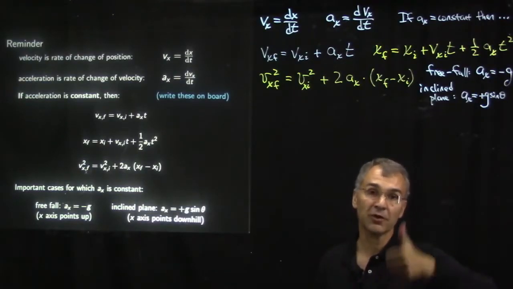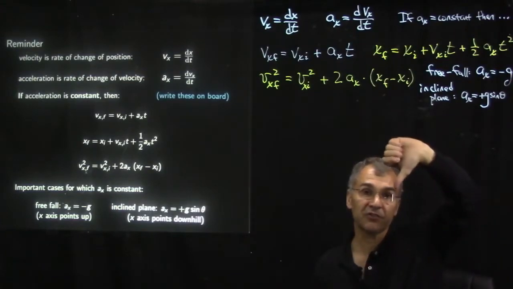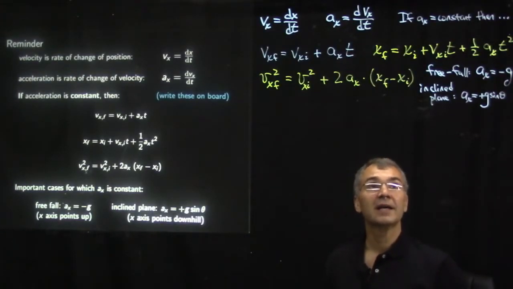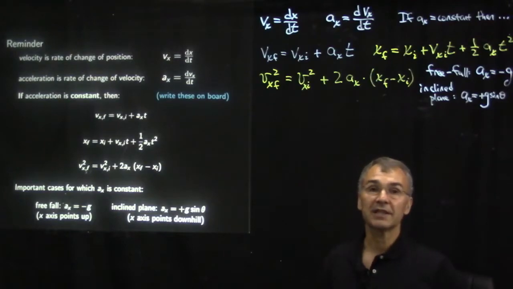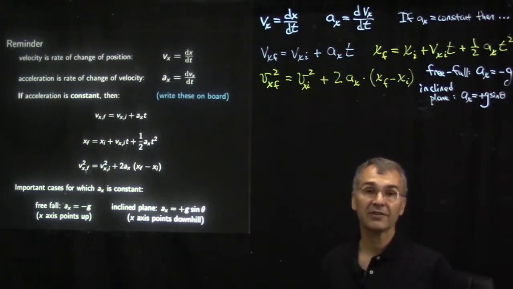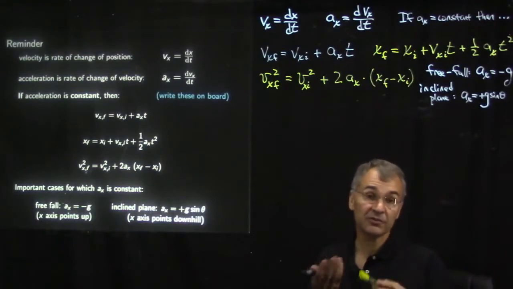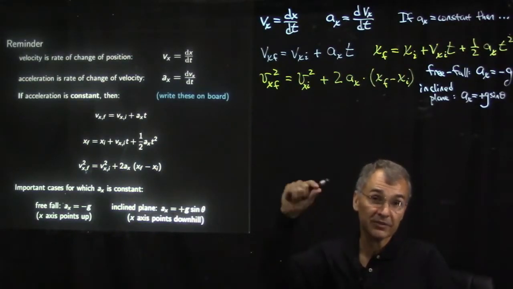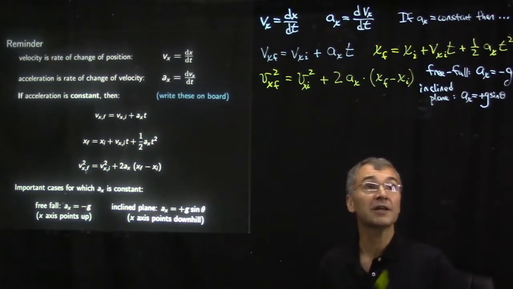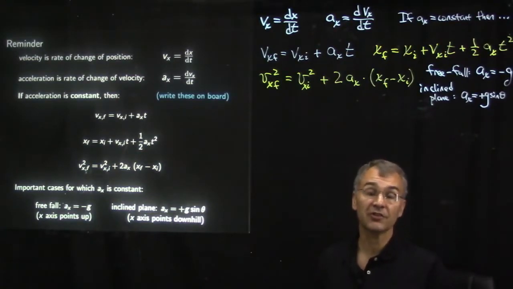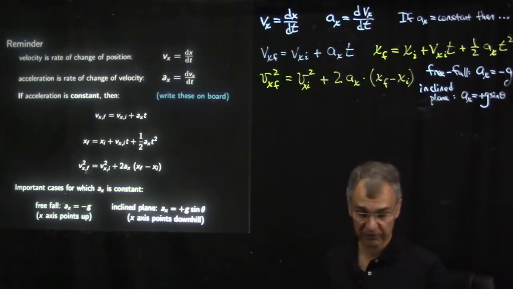So the x-axis points upward and the acceleration is g straight downward. And the other is an inclined plane where the x-axis points downhill and a sub x is downhill, smaller than g because it's just a downhill part. So a sub x is g sine theta with a plus sign. Okay, so we're going to work some examples where we make use of these results.